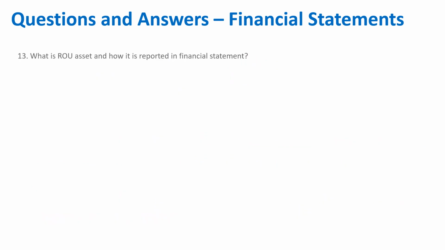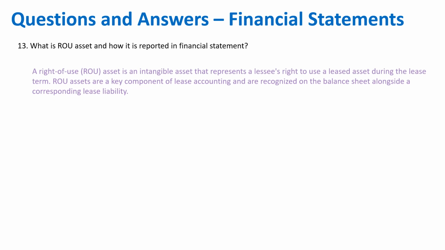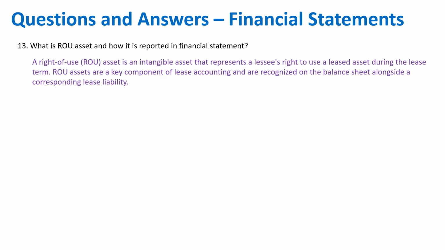Question number 13. What is ROU asset and how is it reported in the financial statement? A right of use, in short called ROU asset, is an intangible asset that represents a lessee's right to use a leased asset during the lease term. ROU assets are a key component of lease accounting and are recognized on the balance sheet alongside a corresponding lease liability.